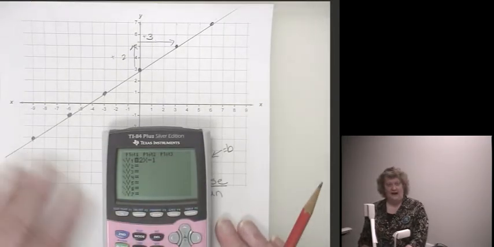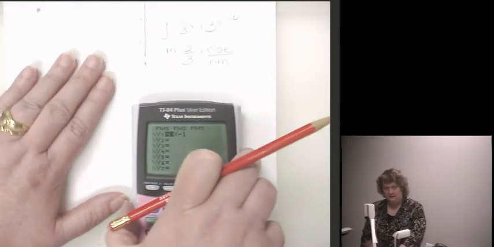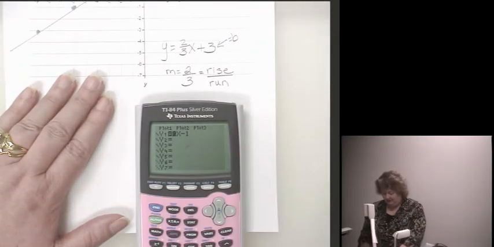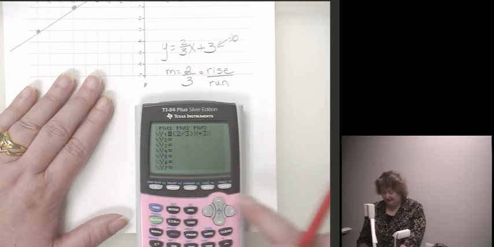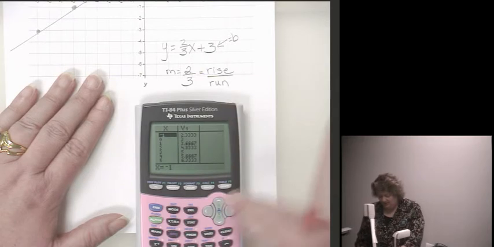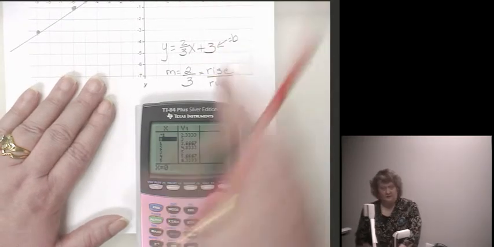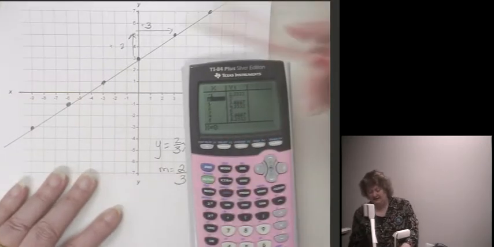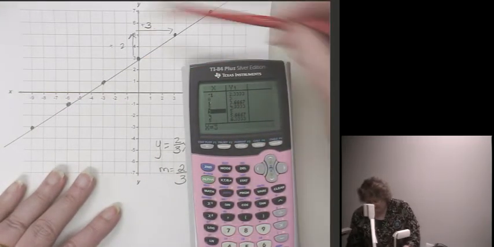Go back to your y equals. Remember what our equation was? It was clear, parentheses 2 divided by 3x plus 3, second table. And we're not going to go to any of these fraction points. We know the 0, 3 was right because that was our y-intercept. 0, 3. 3, 5.